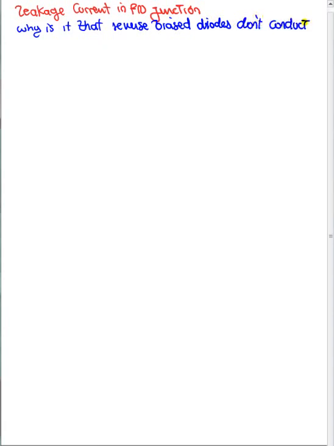Alright, so now let's talk about the leakage current in PN junctions, or diodes. The first question is, why is it that reverse-biased diodes don't really conduct? Right?